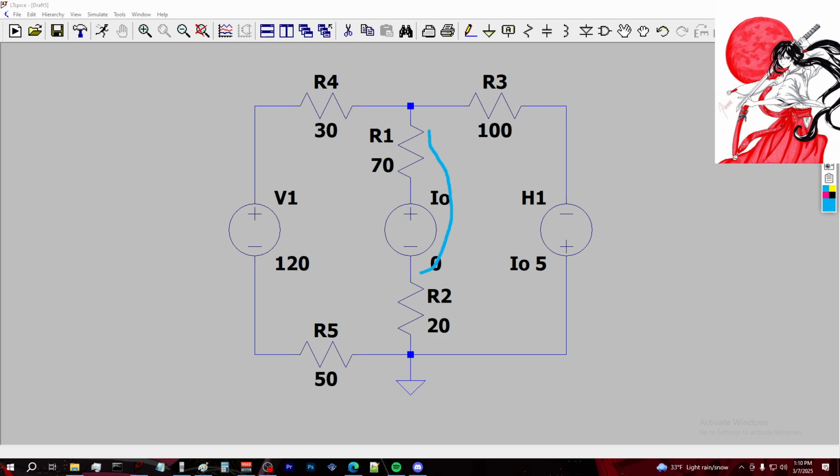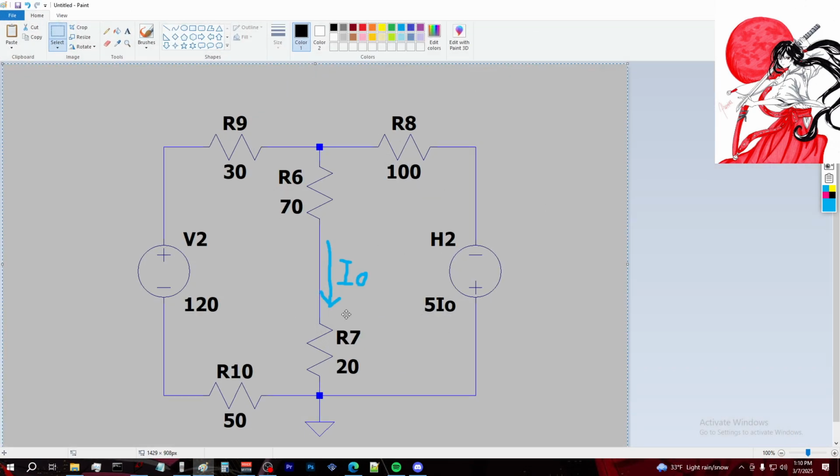But we could also have it flowing in conventional flow, from positive to negative. It doesn't really matter because the current here is going to be the same regardless of what we do. But just know that in electrical drawings, 9 times out of 10, the current is going to be drawn in conventional flow. So if you want electron flow, you'll have to flip the current around like that.